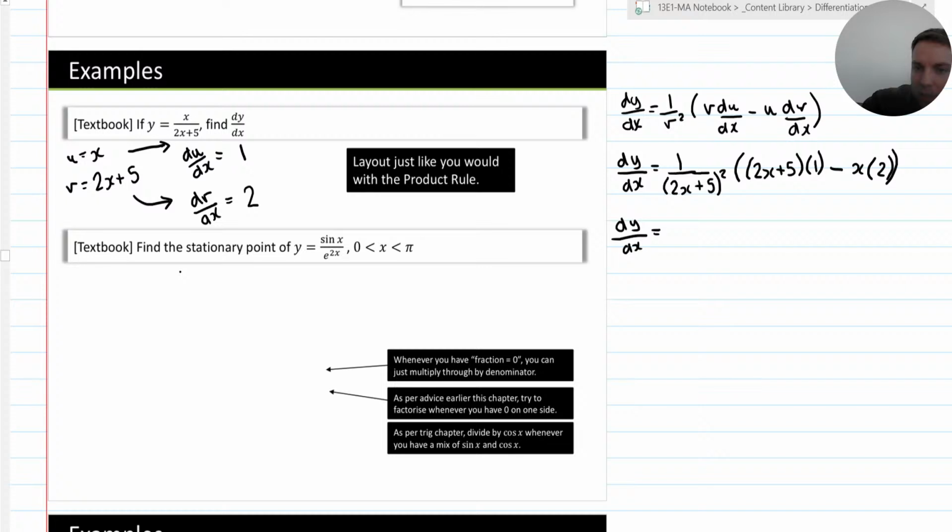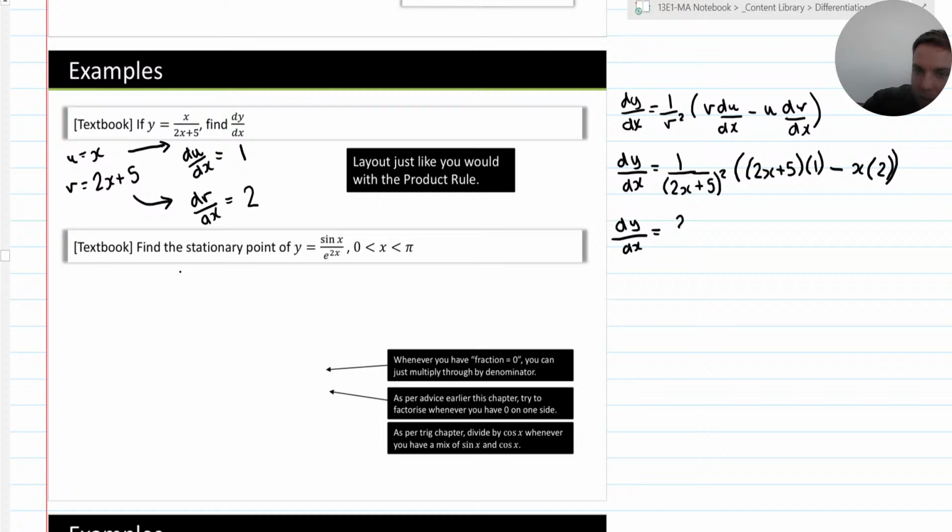So dy by dx is equal to, well, let's simplify this top. It's going to be 2x plus 5 times by 1, which is just 2x plus 5, minus 2x. I will write this out again just so that we can see it.